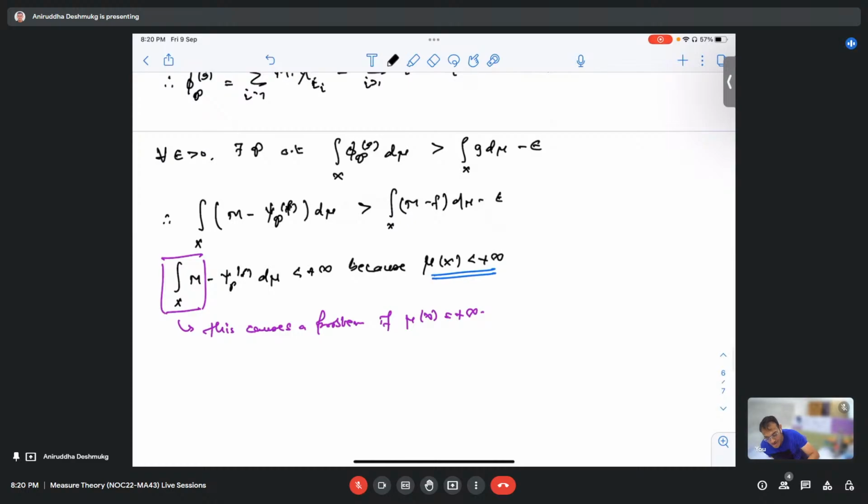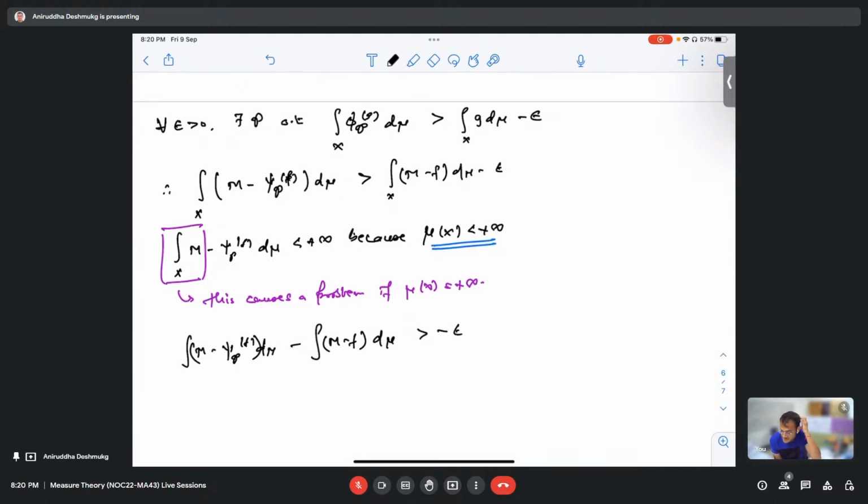Now what I will do, I will take this on the left hand side and do some manipulation. So integral of (M minus C_P f) d mu minus integral of (M minus f) d mu is bigger than minus epsilon, right? But then due to linearity, integral of (f minus C_P f) is bigger than minus epsilon.